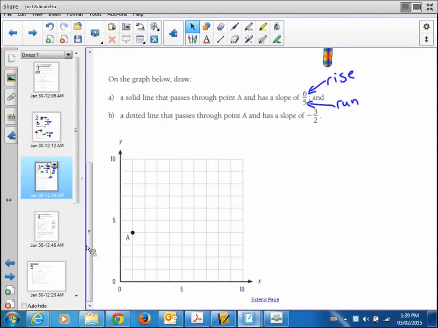So I'm going to give you guys a minute to try that and then do the second one. You'll notice that there's a negative sign, so there's a drop of 3 over a run of 2. Okay? And you don't need a ruler. You should be neat and try to make it straight, but up 6 over 5, up 6 over 5. I'll give you a minute.